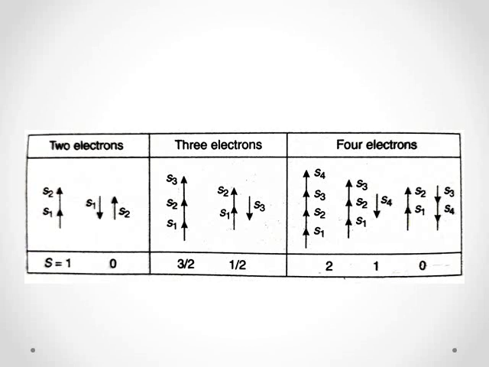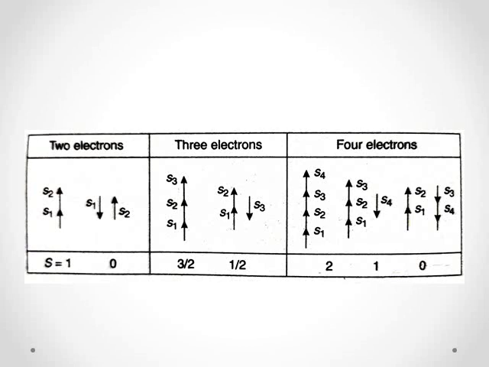In this way, if we consider 3 electrons, if they are all parallel, the resultant will be 3 by 2. If 2 are parallel and 1 is anti-parallel, the resultant will be 1 by 2, and vice versa. If we consider a 4 electron system, if all are parallel, the resultant magnitude will be 2.